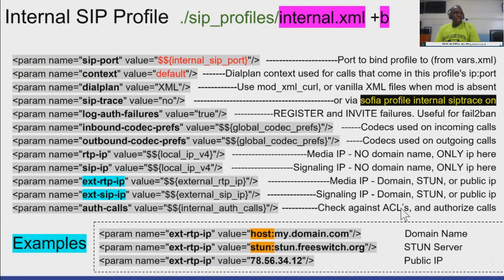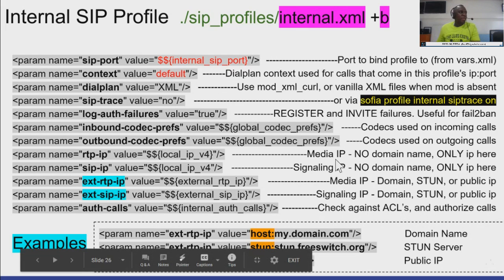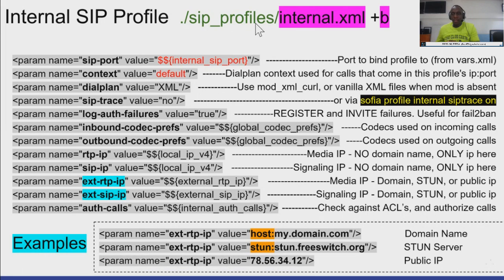Let's take a look at the internal profile. The internal SIP profile is found under sip_profiles/internal.xml. Let me explain here and then we shall take a look. When you go to that file, these are some of the XML tags you will find. The first is the SIP port.